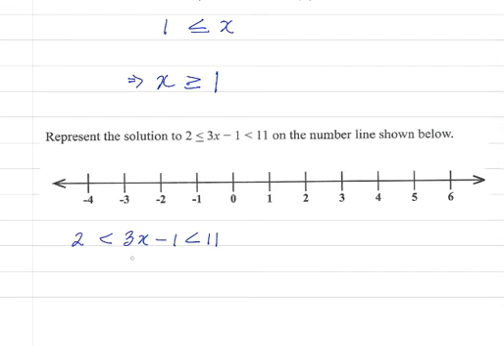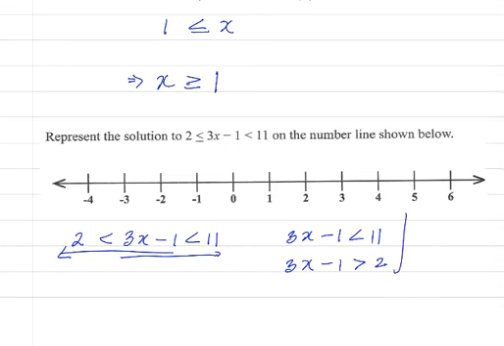This inequality is written in the middle, so let's read it this side. So the two inequalities are 3x minus 1 is less than 11, and the next inequality, read it this way, is 3x minus 1 is greater than 2. Well, that's how it should be read, or let's just keep it the way it was.